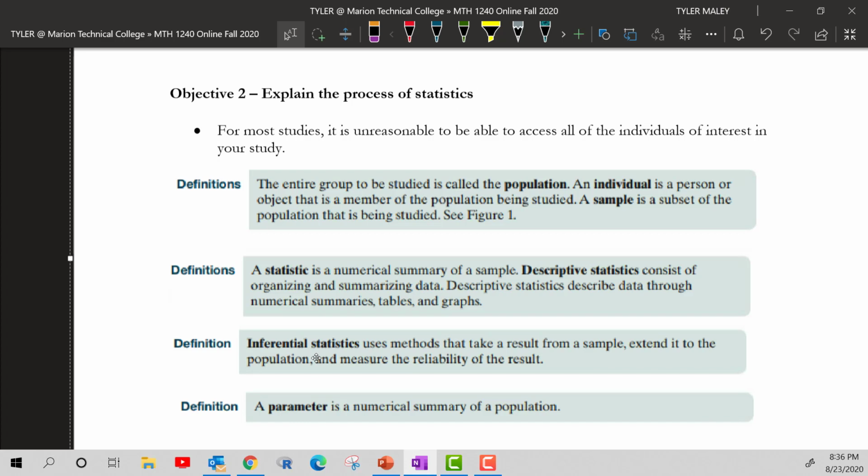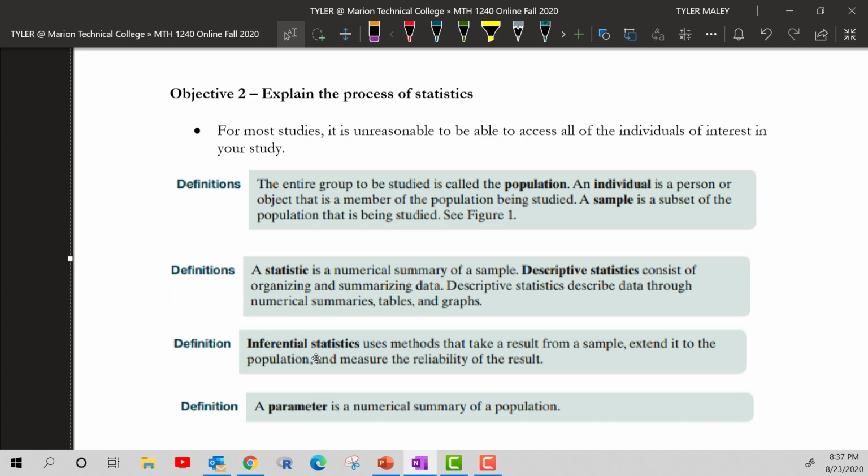So objective 2, we want to explain the process of statistics. So I mentioned that we would talk about this next. For most studies, it is unreasonable to be able to access all the individuals of interest in your study, right? So that makes sense, right? So for example, even something as small as all Marian Tech students, let's say I wanted to figure out the average height for all male Marian Tech students, right?